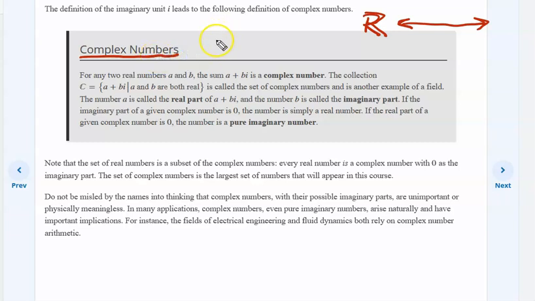Now, complex numbers have a certain way to write them. The formal way of writing it is a, which is the real number part, plus bi, which is the imaginary number part. Together, that makes up the complex numbers.